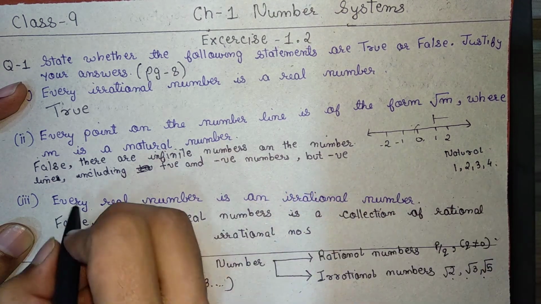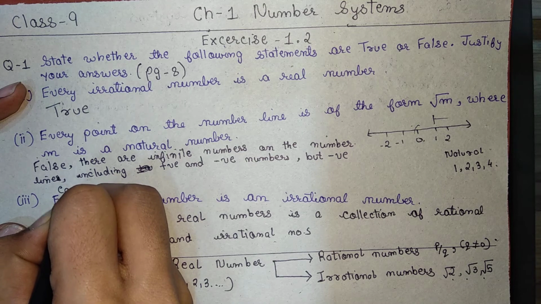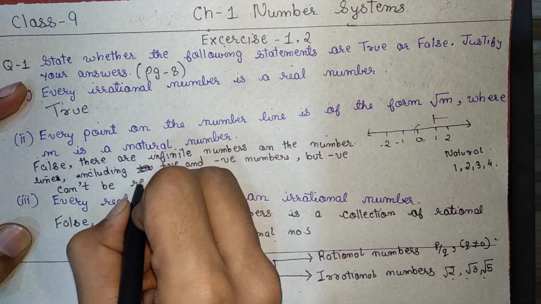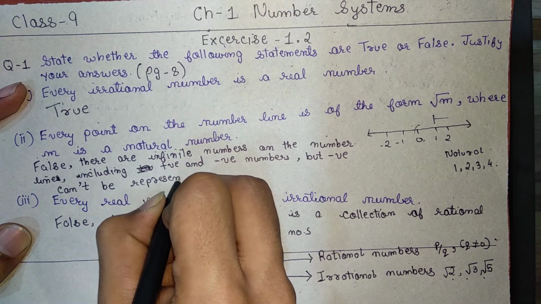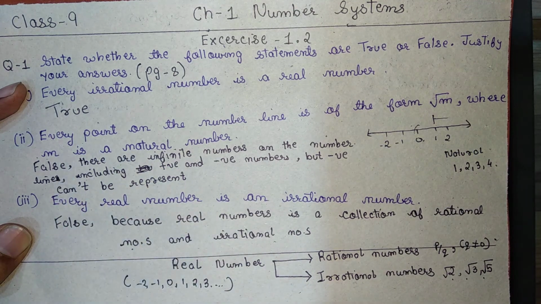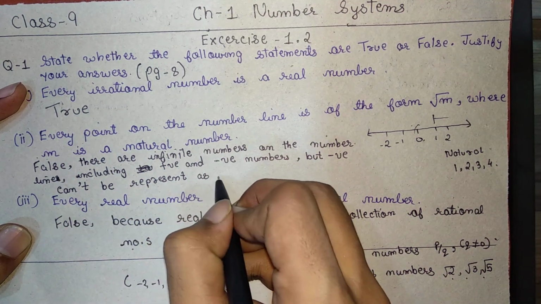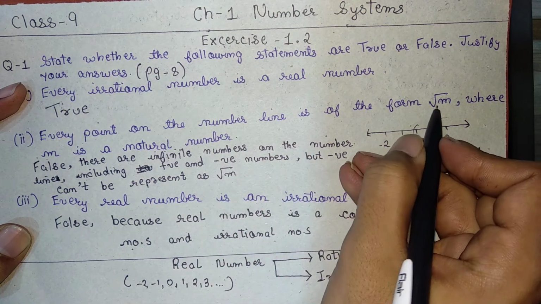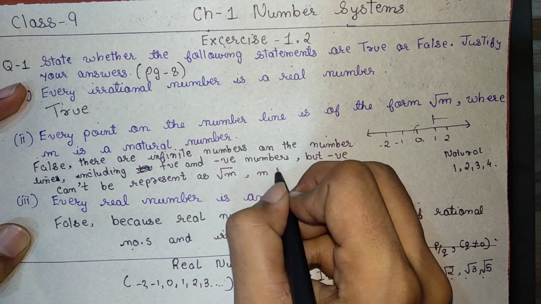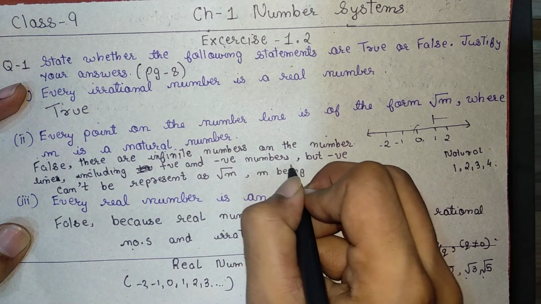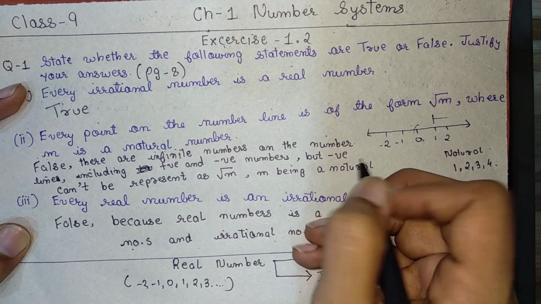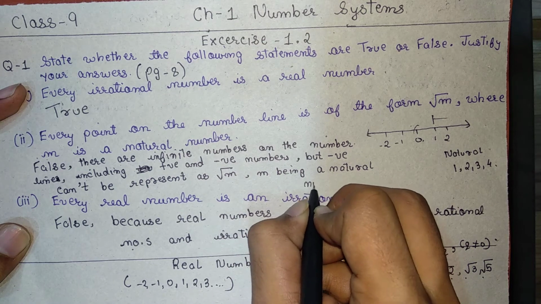But these negative numbers can't be represented as root m, because they have said that m is a natural number only. So this statement is also false.